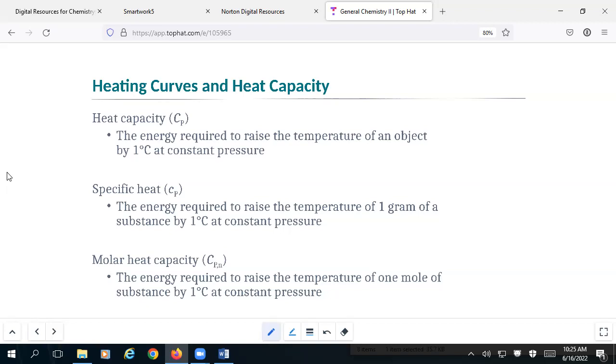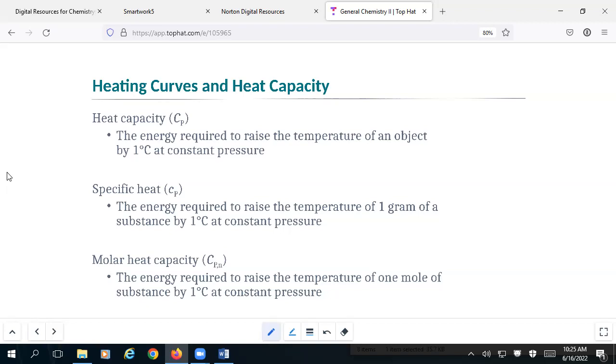So if I'm comparing pieces of plastic, a heavier object is going to have a larger heat capacity than a lighter object if they're made out of the same material, because the heavier object has more stuff to heat up. So it's going to require more energy to get that same 1 degree uptick than the lighter object would.